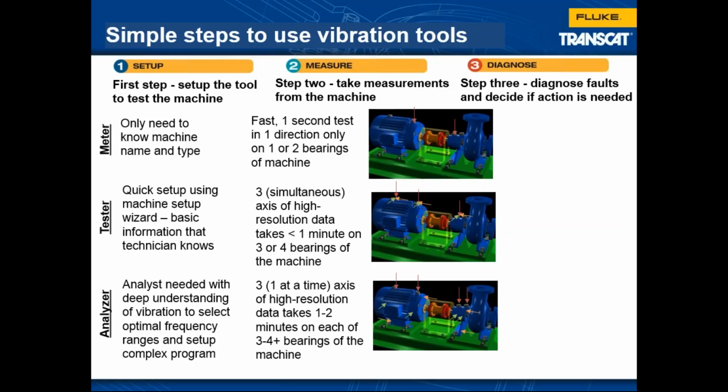The analyzer requires an analyst to set it up, and if it's a very complicated machine with a lot of variables, then this vibration expert is typically going to use a single channel sensor and take a measurement from the 3 different axes on each bearing on the machine. So it'll take a little bit longer, and you need an expert to be able to do that.